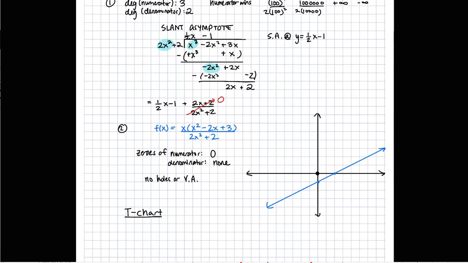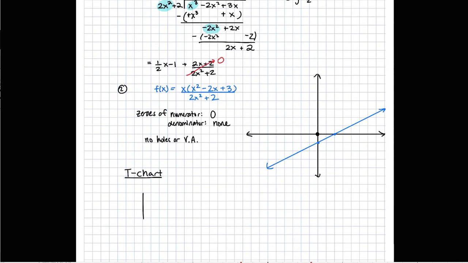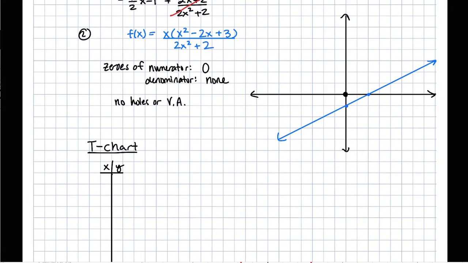So T-chart is just your kind of blind method, because you don't necessarily know what you're going to get, of finding some points on the graph. So if you're on the graph, let's find some x and y points. Let's plug in -1, 2, 3, 4, 5.